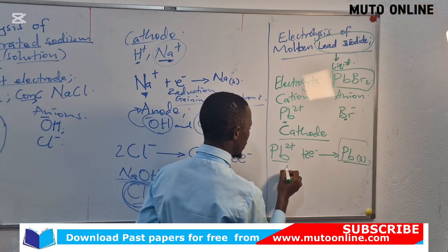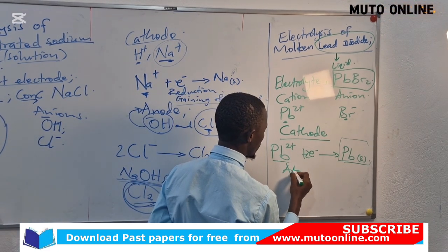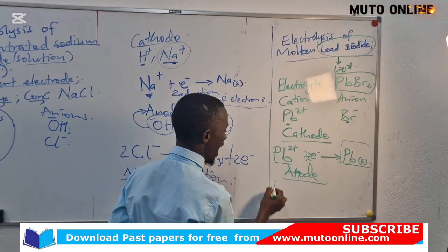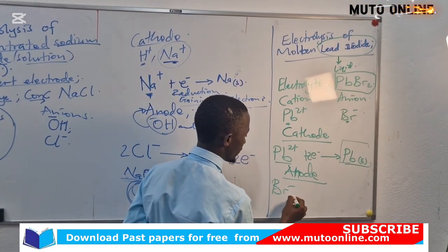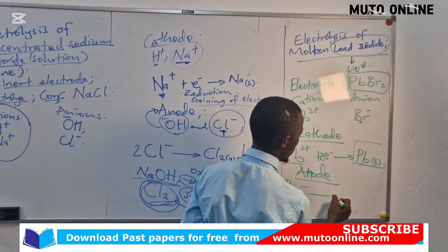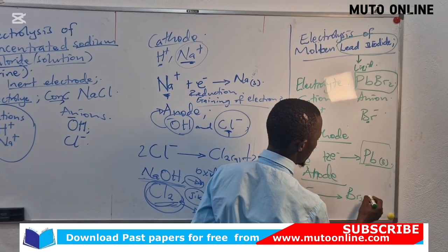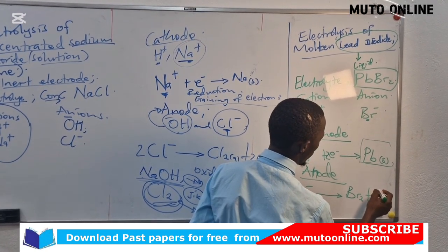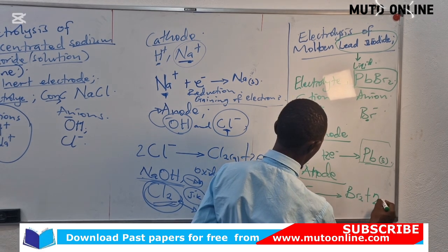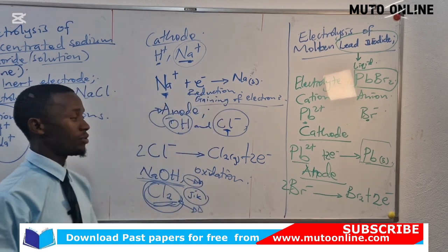And then we shall be seeing the bromide ions migrating to the anode, where they will be discharged by loss of electrons to form bromine, which is a reddish brown liquid. We shall be seeing it forming around the anode.